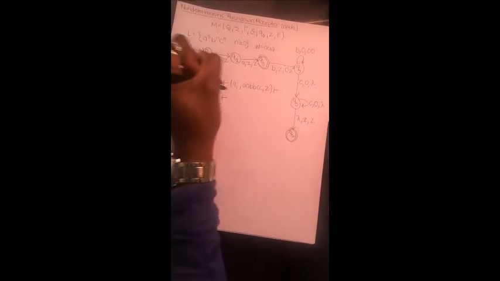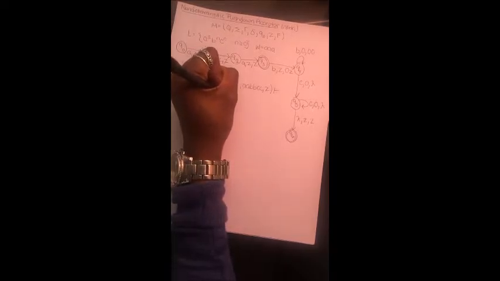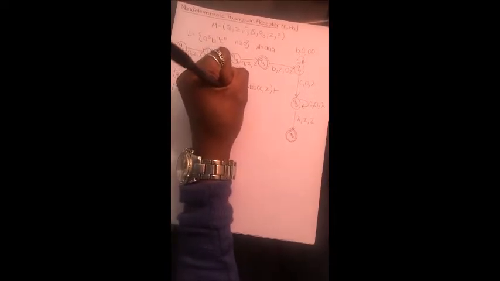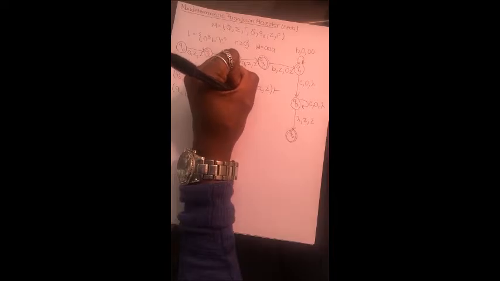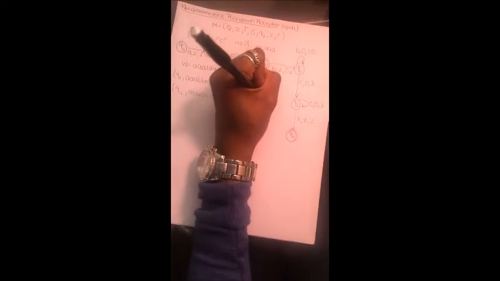Our string will now be A, B, C, C. And we haven't pushed anything onto the stack, so the stack is still Z. Now we're at Q2, and we're going to read in our last A. That's going to take us to Q sub 3. And our string is now B, C, C. And we still haven't pushed anything onto the stack. Our stack is still Z.